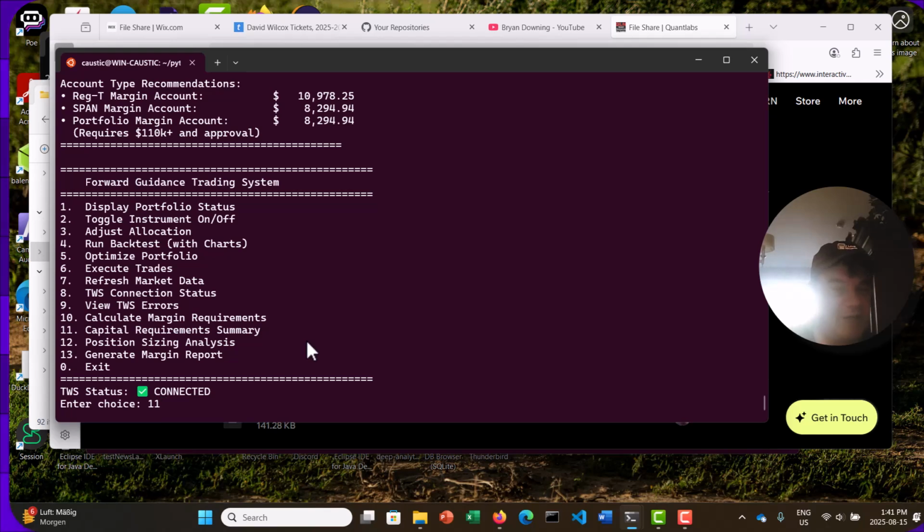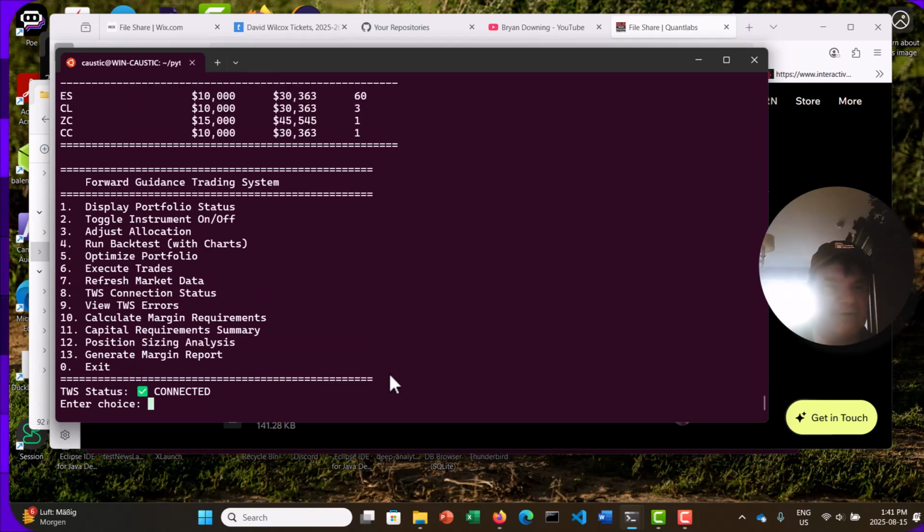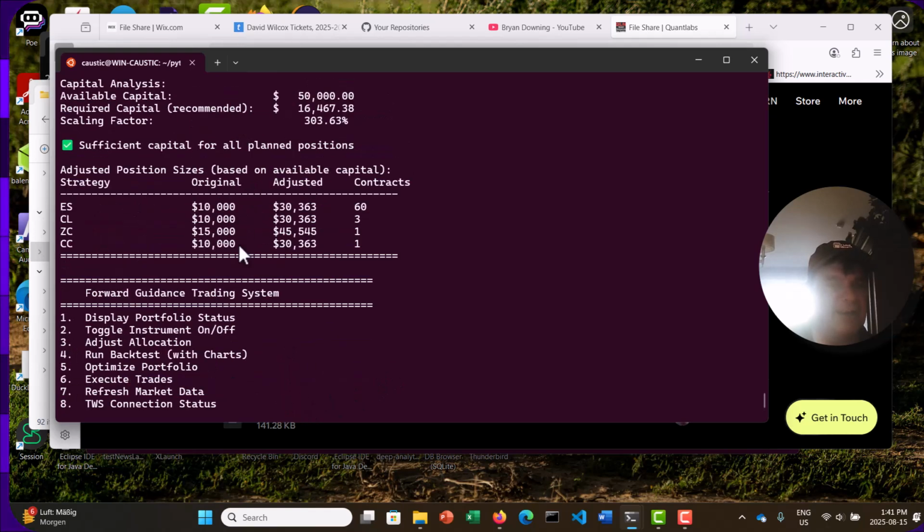Okay, so if we continue into the position sizing, let's say we want to do 50,000 on this particular portfolio, which I'll go into detail on in a minute. You have 50,000, and here's the allocation recommended based upon outlook, forward guidance, and backtested history, to get as best as it can calculate the optimal forecasted amount.